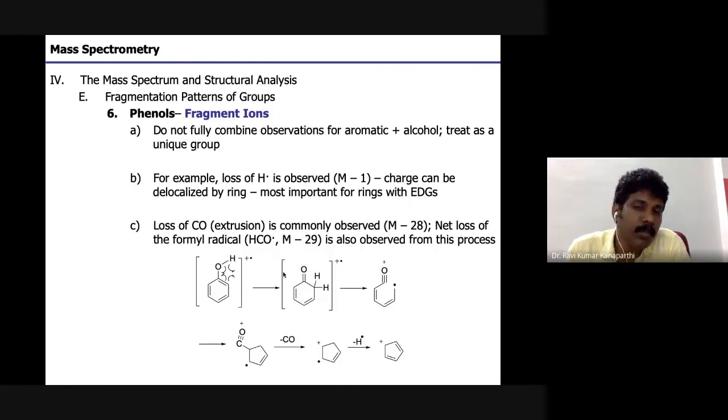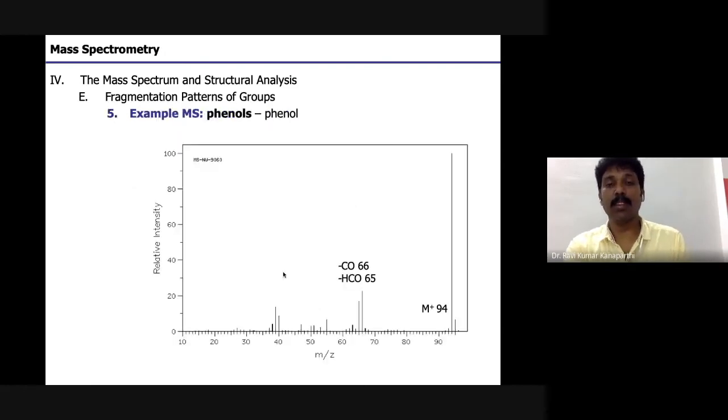Similarly, loss of the formyl radical, HCO, is also observed in phenols. So phenols can give the M minus 1 peak because of the loss of a hydrogen radical, and they can eliminate CO, that is 28, and eliminate 29, the formyl radical. These are the common things that one should remember.